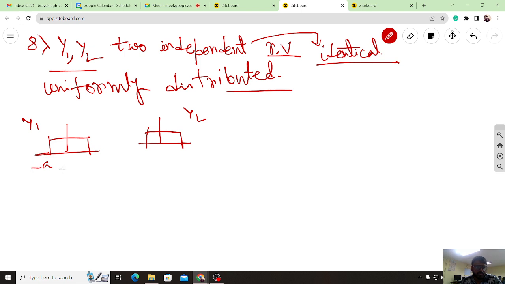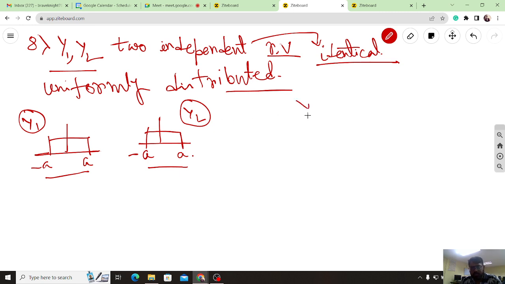y1 is the distribution that strays from minus a to a. Similarly, y2 also strays from minus a to a. These are two different random variables, but both of them are uniformly distributed, and they are independent of each other.